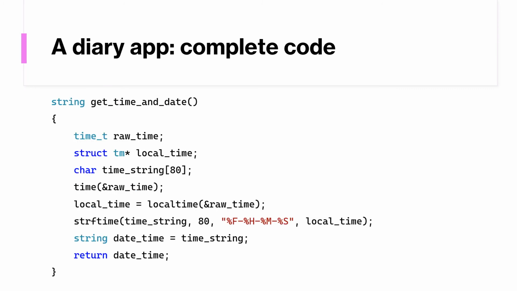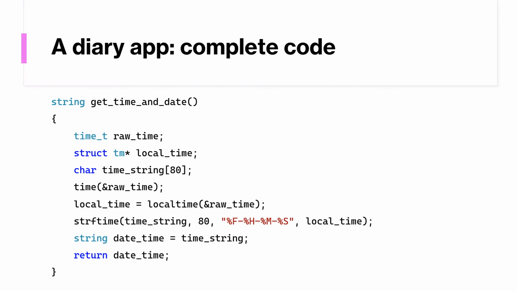This is my function for getting the time and date. You can see there are some new types, time_t and struct tm star. There's a character type. The time string is actually an array that has 80 characters in it.